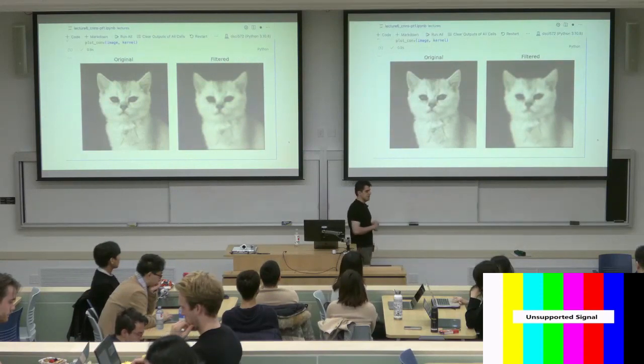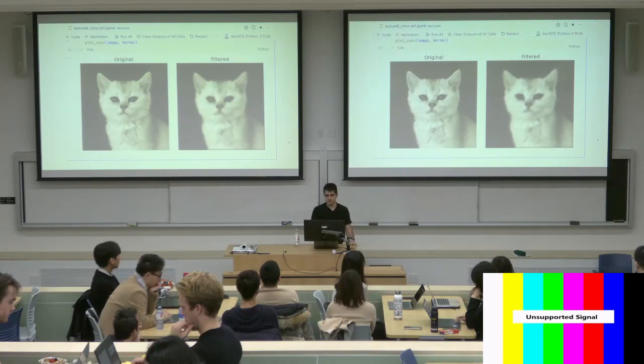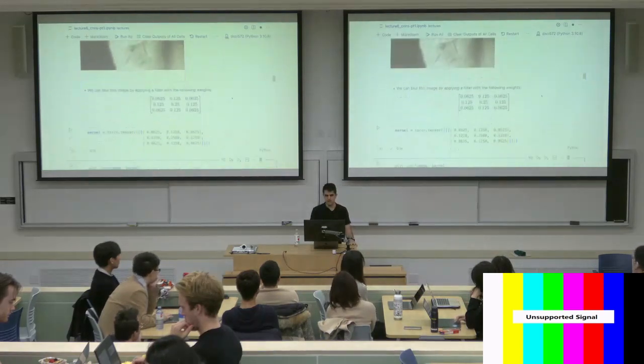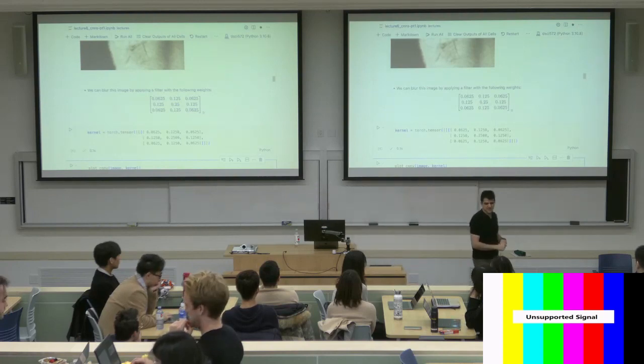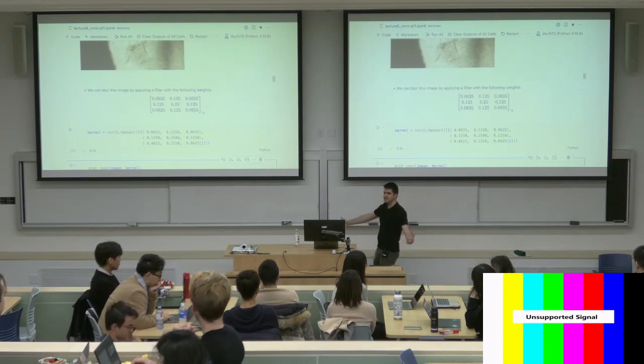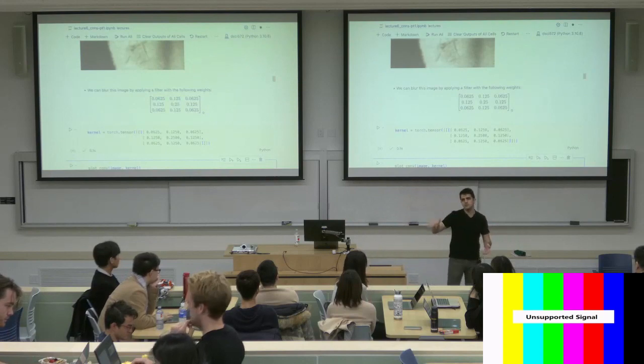Okay, why has it been blurred? Because when we do the transformation using that kernel, you can see that we put the filter on top of the image. The middle value of that kernel has a large value, so it's giving more weight to the pixel in the center, and it also receives some contributions from the neighboring pixels.